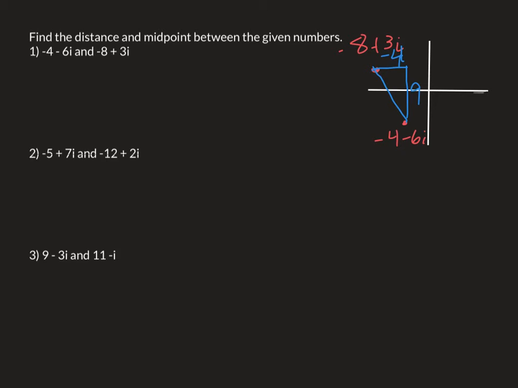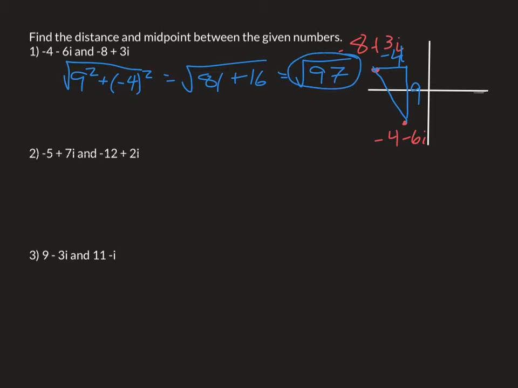So the distance between them is going to be calculated by doing the square root of 9 squared plus -4 squared. So to calculate this, 9 squared is 81, -4 squared is 16. If we add 81 and 16, we're at 97. So the distance between these two numbers is the square root of 97 units.